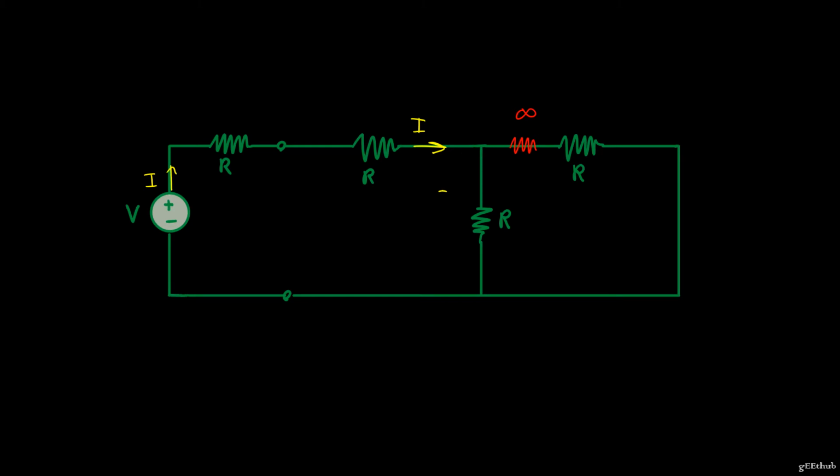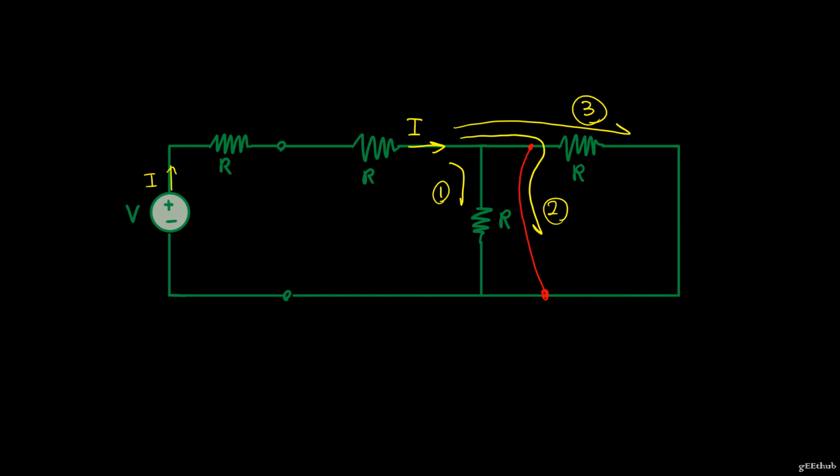For our second scenario, let's create a short in the same location. So I'm going to short the circuit from here to here. And this can be a little bit tricky. When my current reaches this node, it has three paths to take. It can either take through this resistor, it can go through the short, or it can go through this resistor up here.